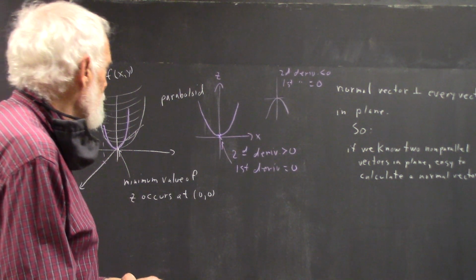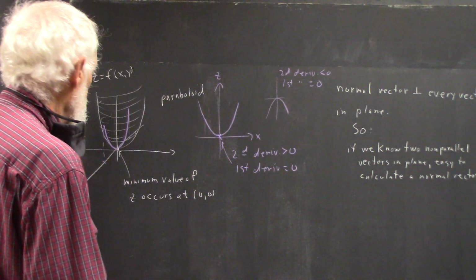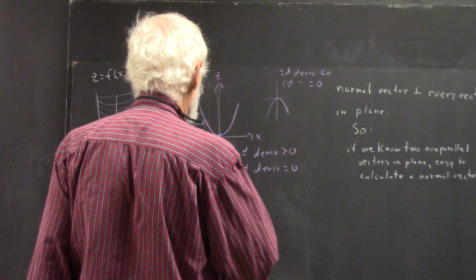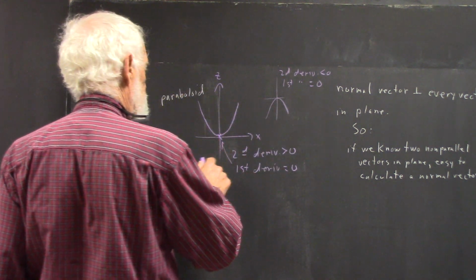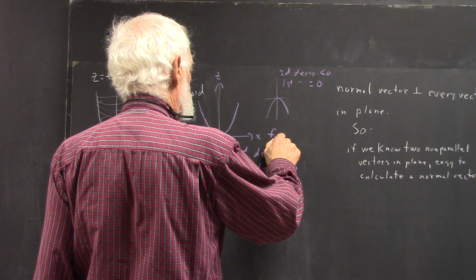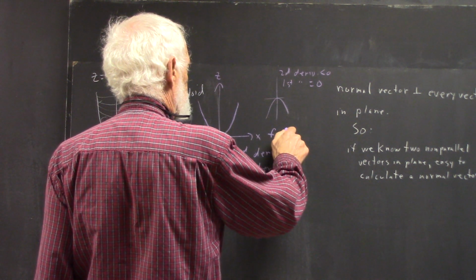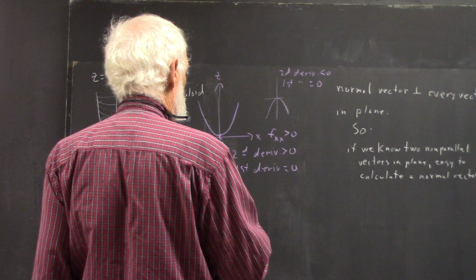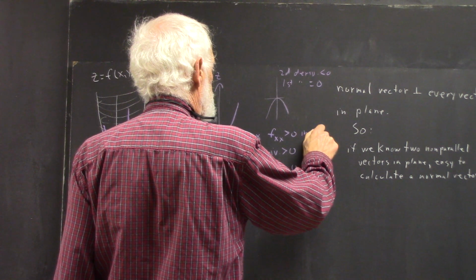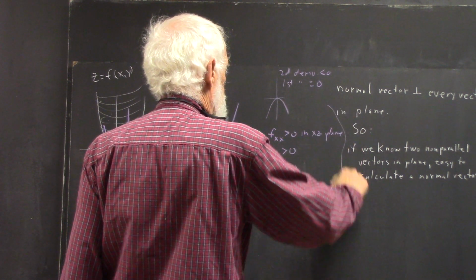Okay, so what's the second derivative? Well, confined to the xz plane, we can say that the second derivative, which we'll symbolize by fxx, is greater than 0 in the xz plane.